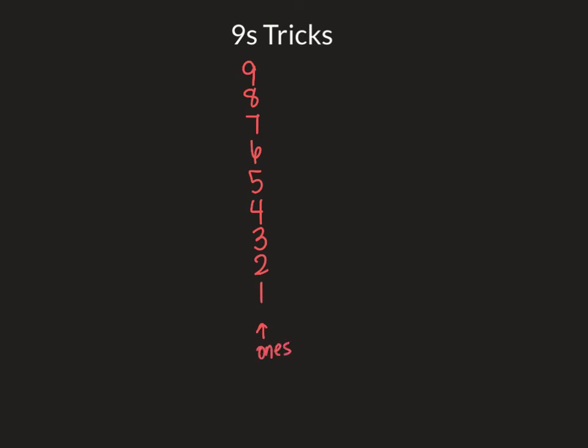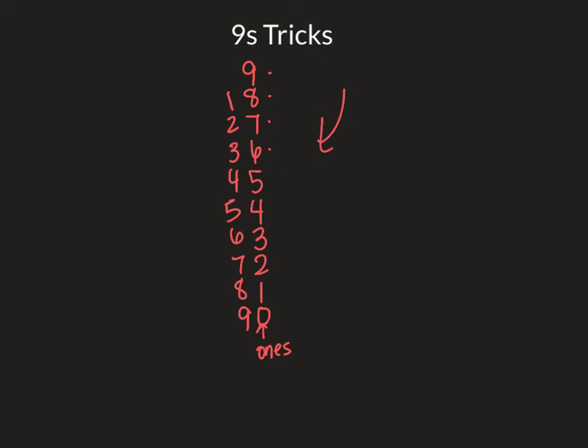Okay, then if I go back up, 0. Then 9, 8, 7, 6, 5, 4, 3, 2, 1. And 0, I guess you could put 0 tens, 9 ones. But so 9 times 1 is 9. 9 times 2 is 18. 9 times 3 is 27. 9 times 4 is 36.